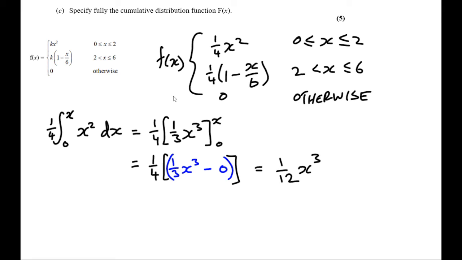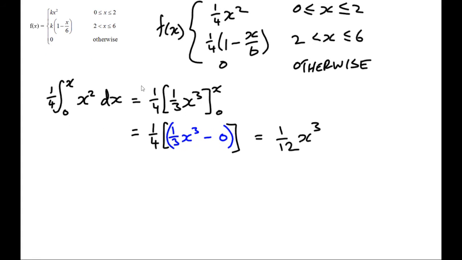Okay, now I'm going to want to integrate the second function in between x and the lower limit of 2. Once again, I'm going to take the constant outside, x and the value of 2, and I'm integrating 1 minus x over 6 dx.